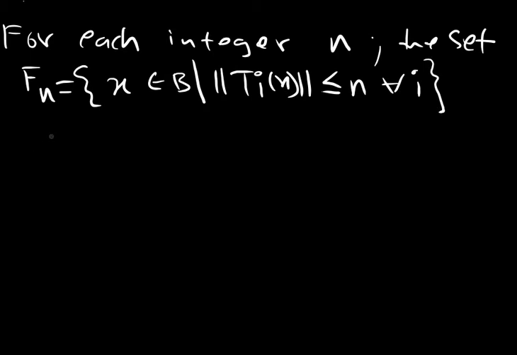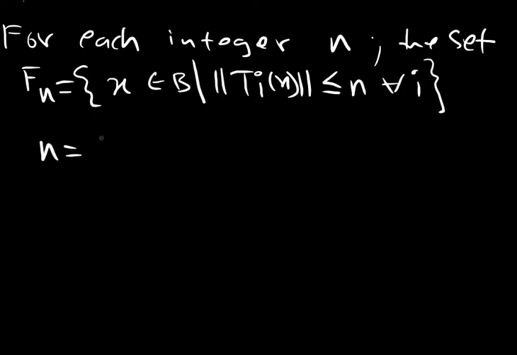So what is Fn? It's a collection of those points. Since what is given is that the set Ti of x is pointwise bounded, consider for example n equal to 101.